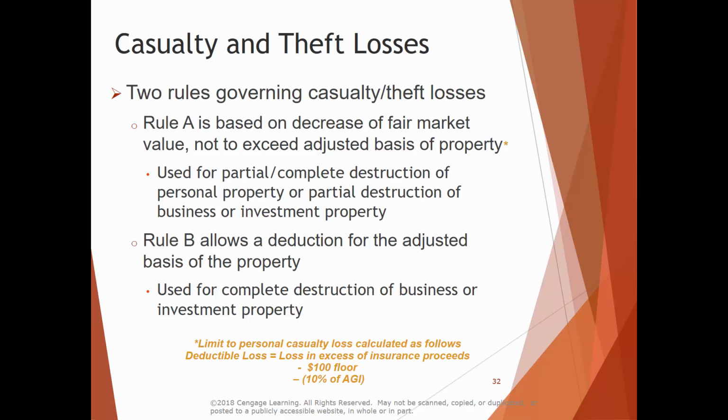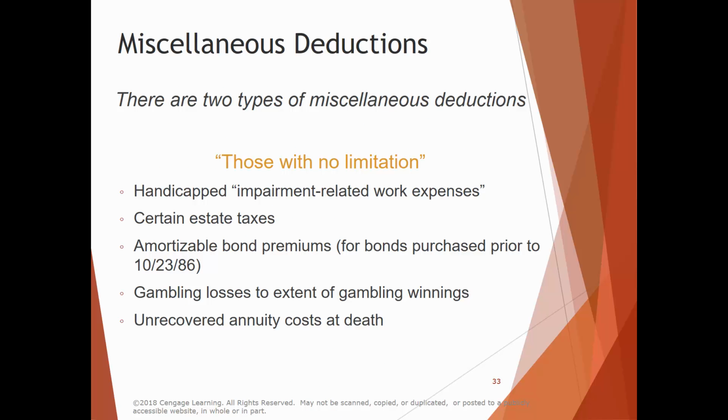You're not going to ever get a casualty loss for that because it's a slow process. So it's got to be something that happened, your fair market value went down, partial or complete destruction, and there are different rules depending upon if it's personal or business. But again, I'm not going to hold you responsible for this because it's gone, essentially.